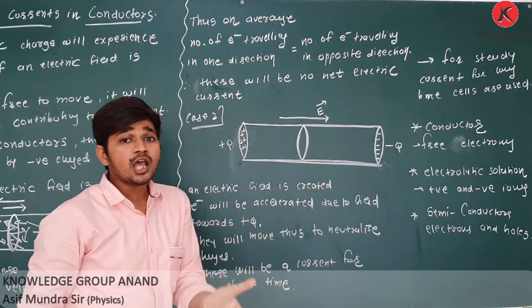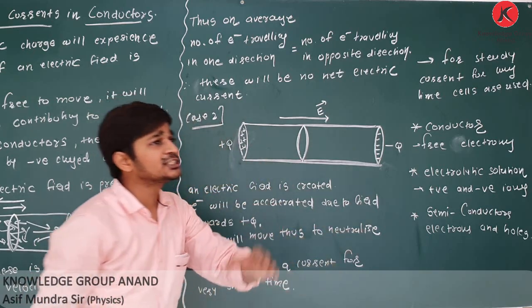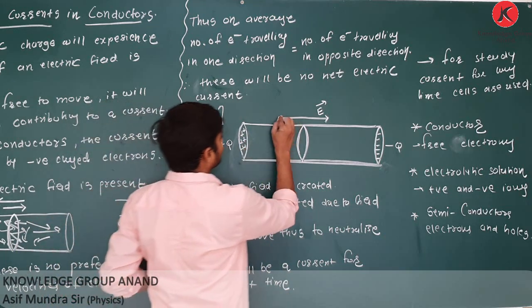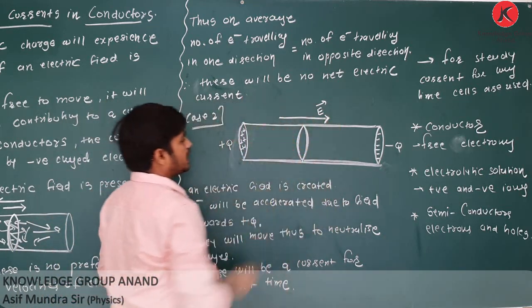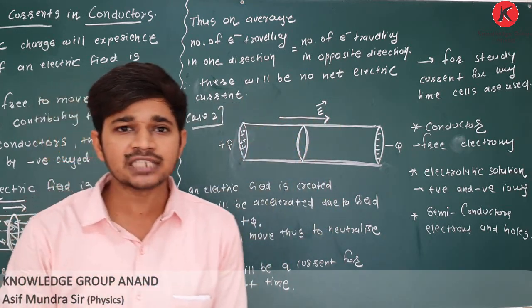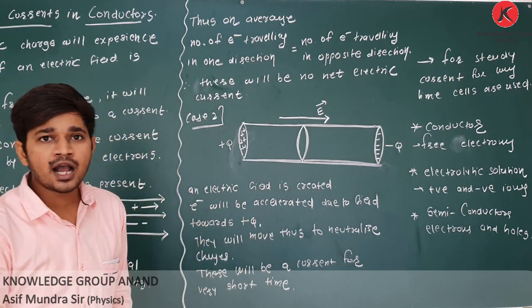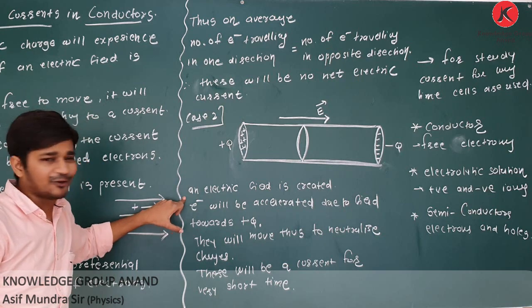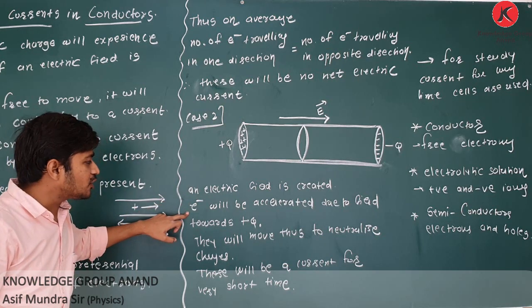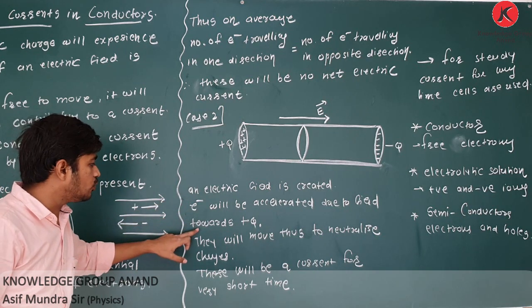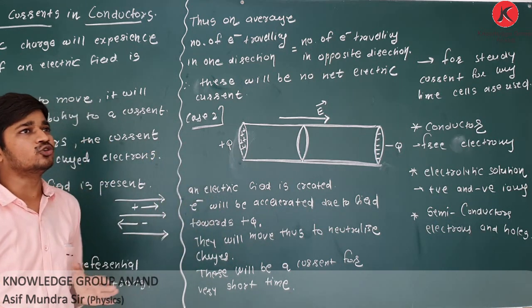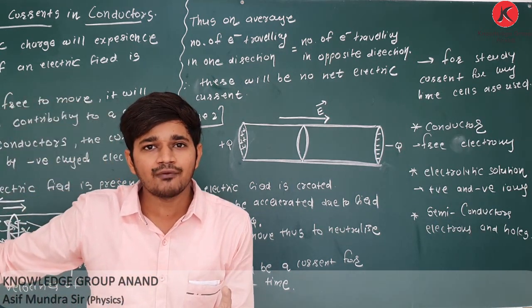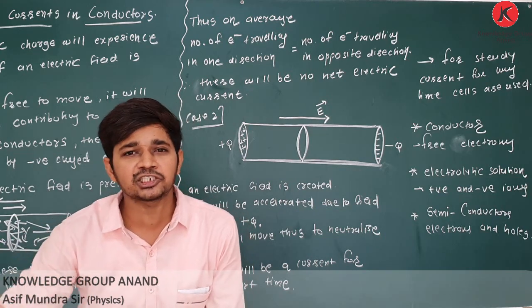Then you know that due to this stationary charge distribution, an electric field is produced from the positive plate towards the negative plate. Due to this electric field, electrons will be accelerated towards plus Q. In the initial case, electrons were moving in random direction.